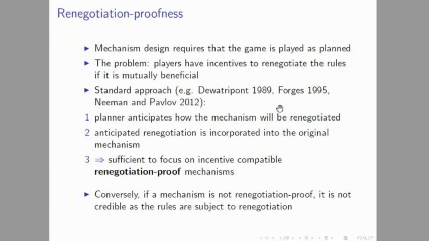So changing the rules of the game is not just a hypothetical scenario or a minor issue. It is in practice a prevalent question in most mechanism design scenarios. In fact, it may well be the case that after information has been revealed within the mechanism, the agents are in a situation where it is beneficial from the viewpoint of all parties to change the rules of the game.